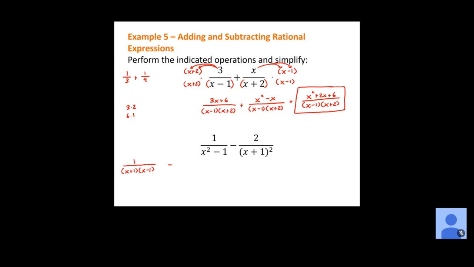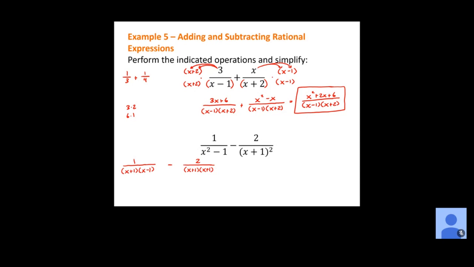Yeah, it's x plus 1 times itself, right? So that's going to be x plus 1 times x plus 1. I'm going to have 2 over x plus 1 times x plus 1. Right, so that's what I'm starting with.